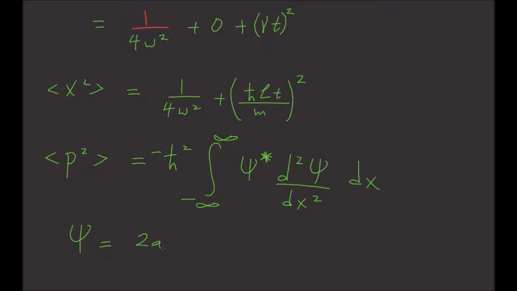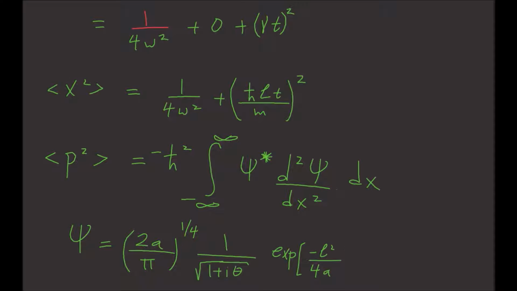Psi is 2 times a divided by pi to the 1/4 times 1 divided by square root of 1 plus i theta times e to the minus L squared divided by 4a, and then we have another exponential to the power of a times ix plus L divided by 2a, squared, divided by 1 plus i theta.